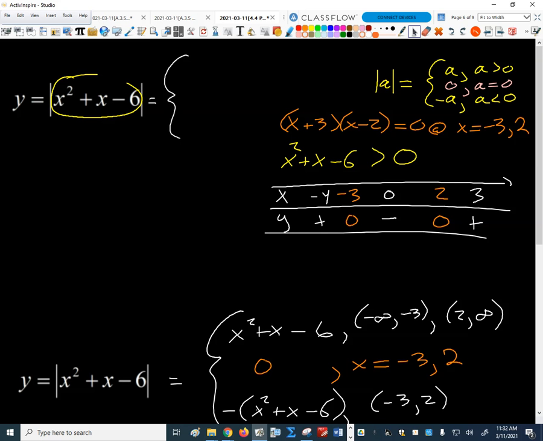is a quadratic function. If I just look at what's inside, it's a quadratic function. And that's what I'm graphing here, y equals x squared plus x minus 6. And I know the x-intercepts are at -3 and +2.